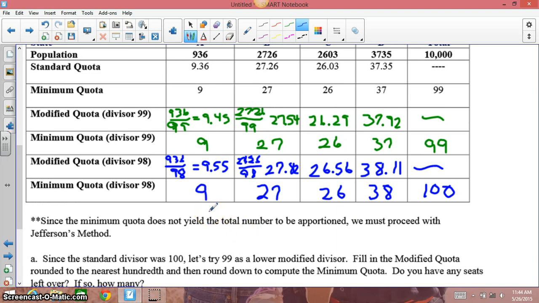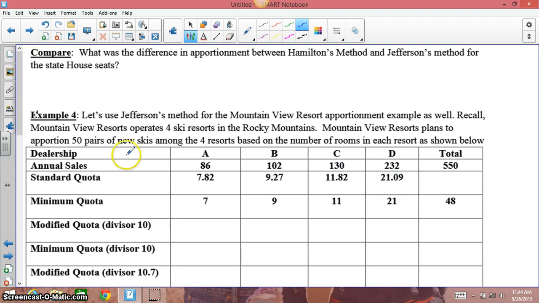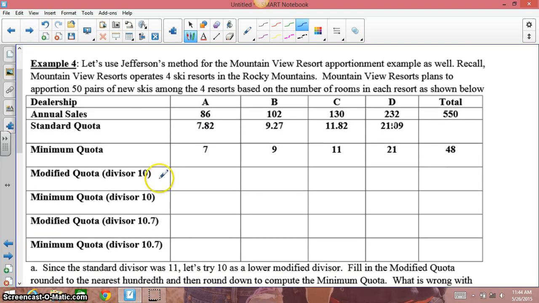The paradox that's arising here from Jefferson's method is that he is allocating the extra seat to a large state at the expense of a smaller state, which is another issue. So I encourage you to try the next example so that you can get more familiar with that. And as you can see here in the next example, I've given you your modified divisors to try.